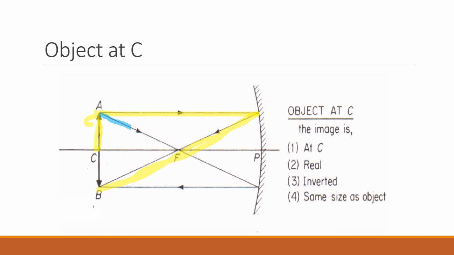This one is your second ray. If the ray passes through the point F, in that case what will happen? After reflection it will move parallel to the principal axis.